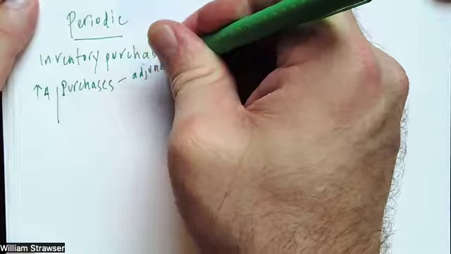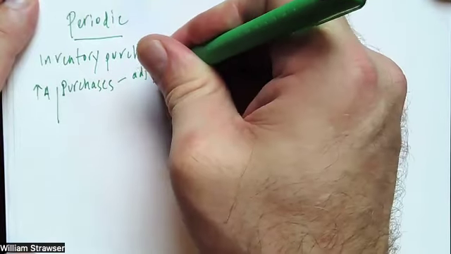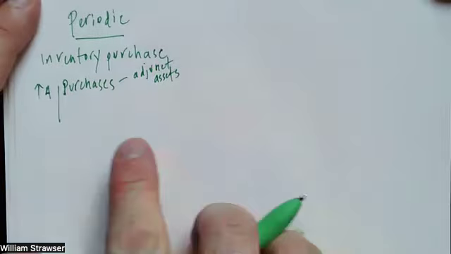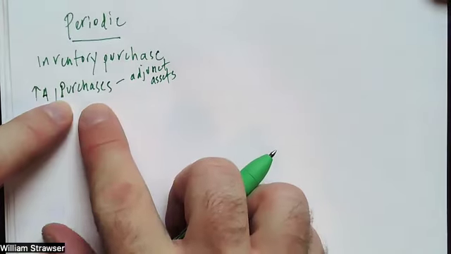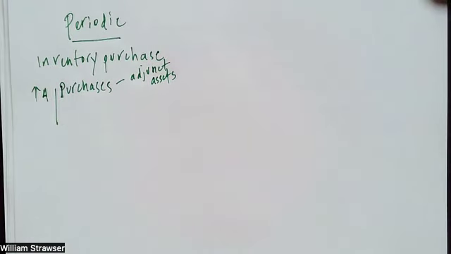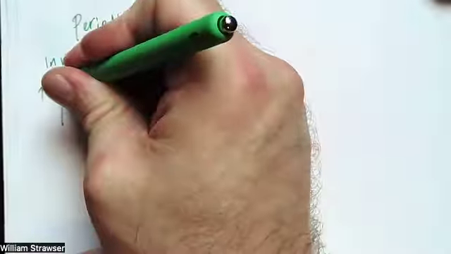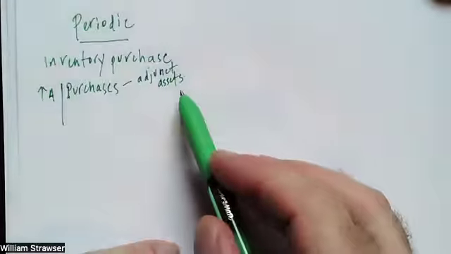So we've talked about contra assets like the allowance for credit losses and accumulated depreciation. This is an adjunct asset. Really, it's tantamount, it's equivalent to debiting inventory. Because it's adjunct, it goes in the same direction as inventory.